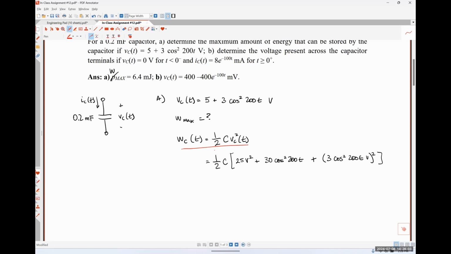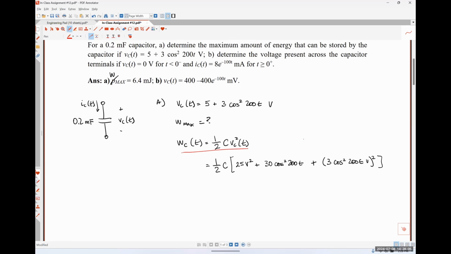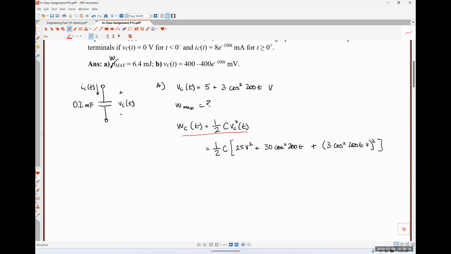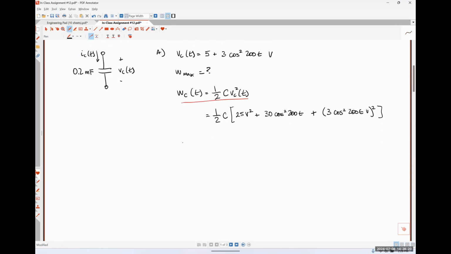So let's look at some things really quickly, right? So if I were to plot 5 plus 3 cosine squared 200t, it's going to look something like this.